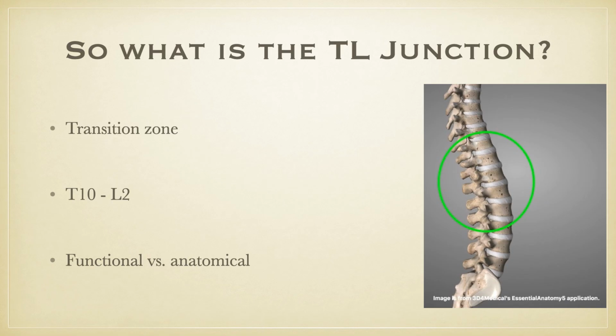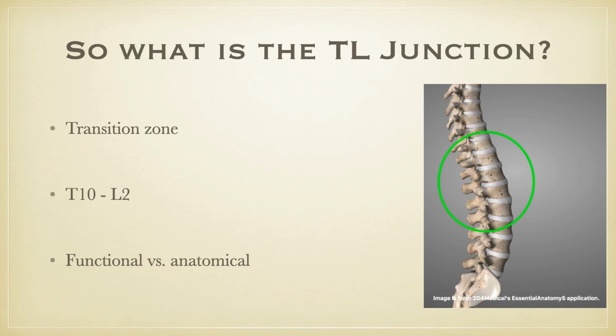What we want to point out is that it could actually be anywhere from T10 down to L2. L2 is probably pushing our luck a little bit, and we probably should say L1. But the point is that we're designating this junction based on function versus straight-up anatomy.